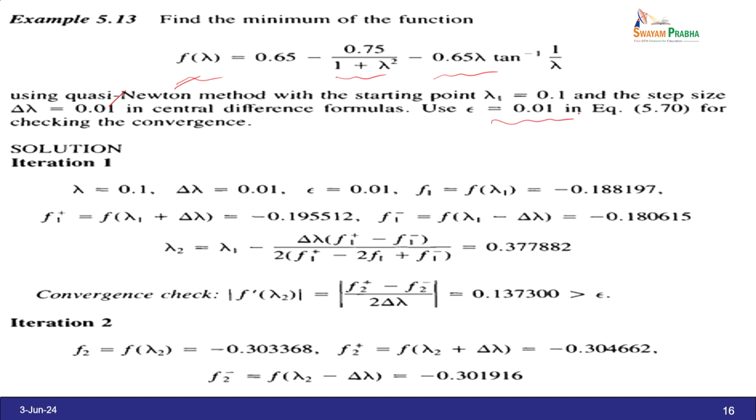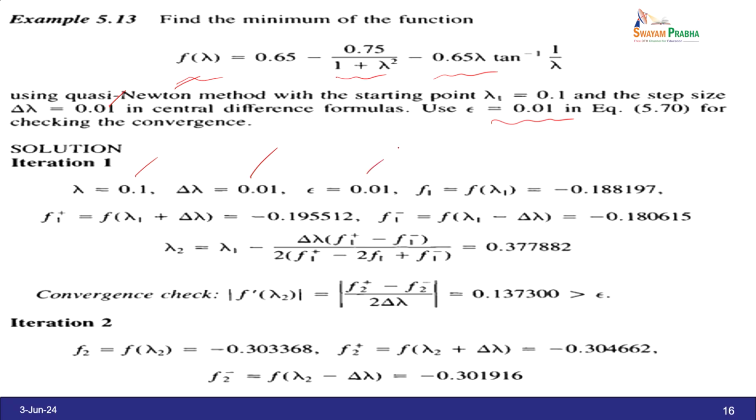Use epsilon equal to 0.01 in equation 70 for checking the convergence. So, lambda equal to 0.1 is given, delta lambda equal to 0.01 is given, and epsilon equal to 0.01 is also given.